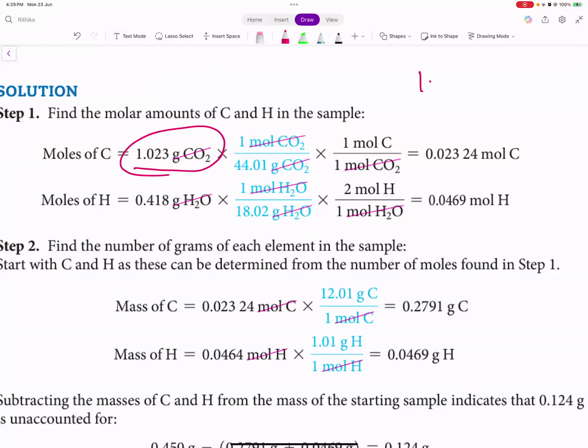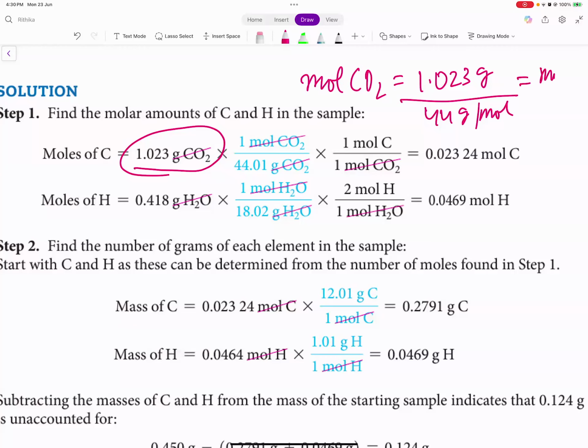We simply divide by 44 gram per mole. So this is mole CO2, and this will be the same as mole of carbon, as discussed.